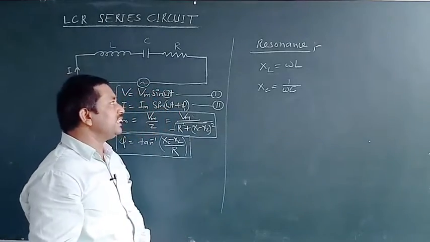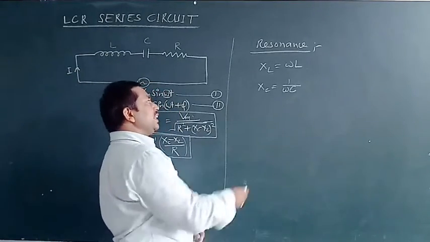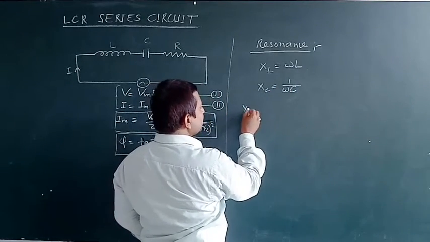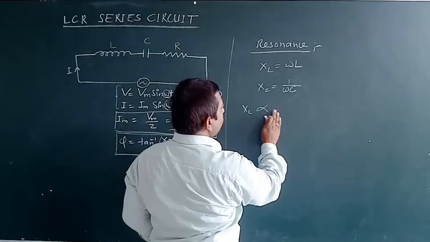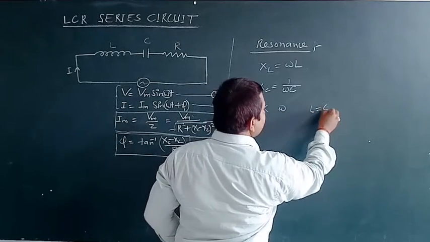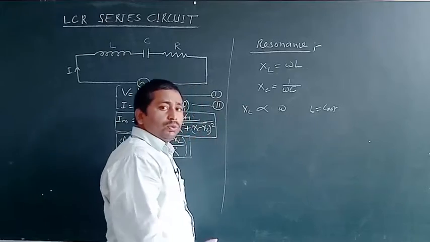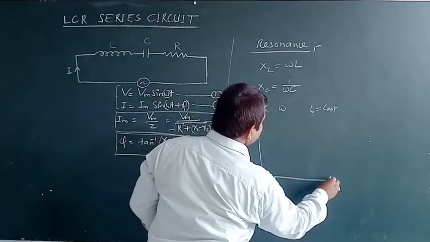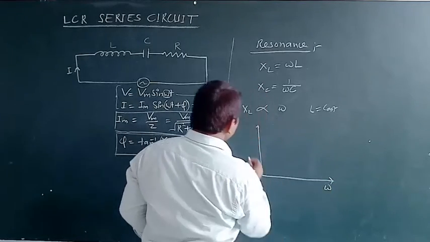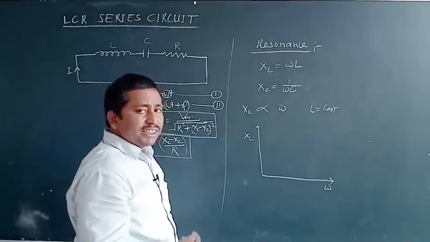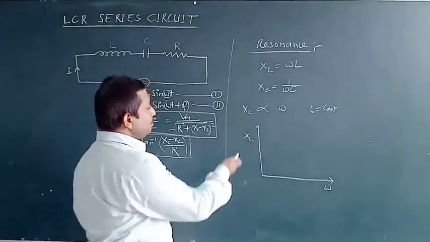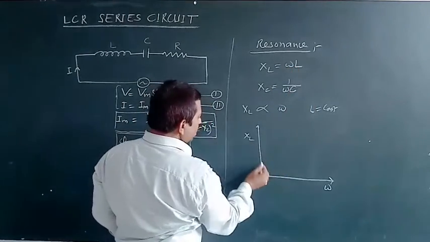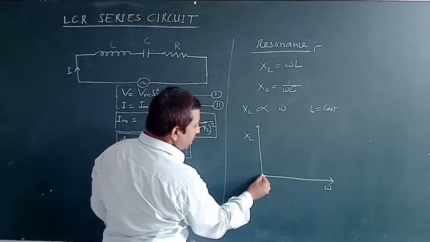So from here we see that the inductive reactance of the circuit is directly proportional to omega. It means XL is directly proportional to omega if we take L as constant. So if we plot a graph between omega and XL, then when we increase the value of omega, the value of XL also increases, and when omega becomes 0, XL also becomes 0.